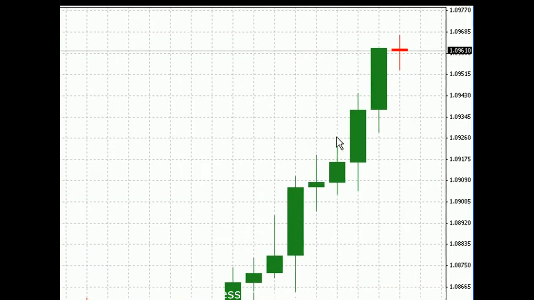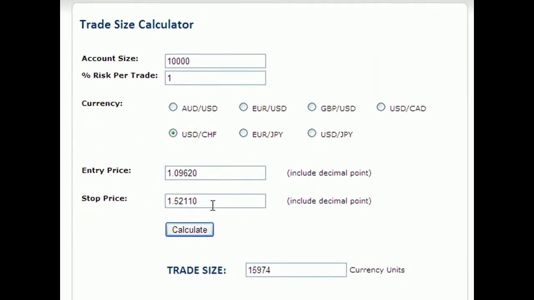And our stop will be, let's say, here at 1.09005. So 1.09005, then we just hit calculate, and the amount of currency units you should be trading is 17,824. So just round that number up or down, and that's the amount of currency units that you should be trading for this particular trade.